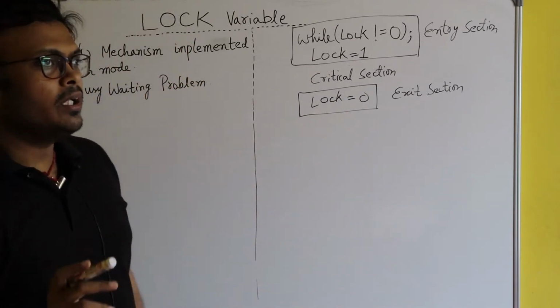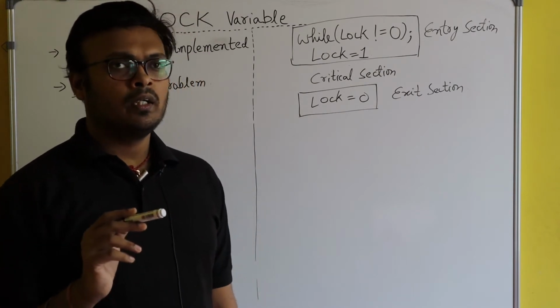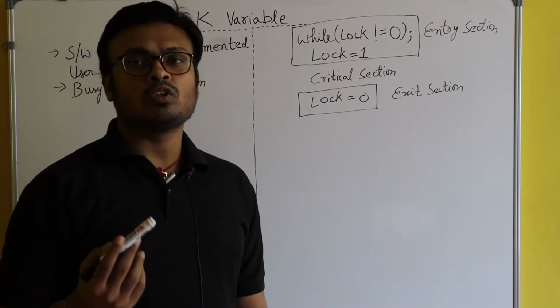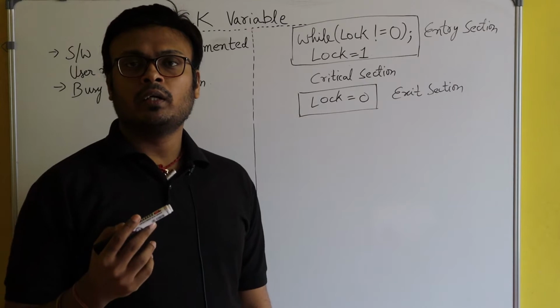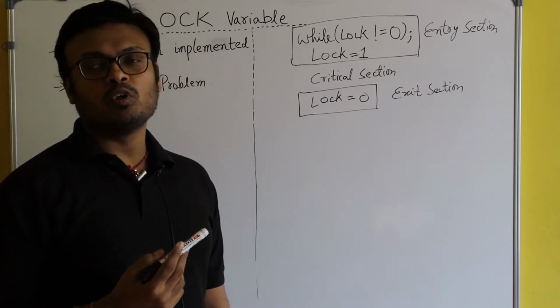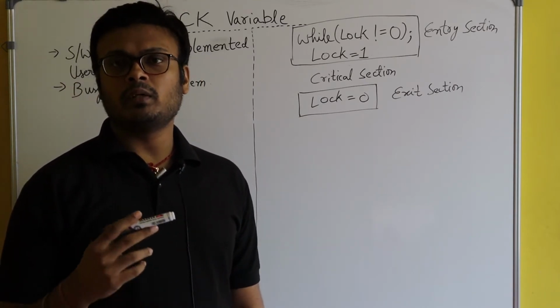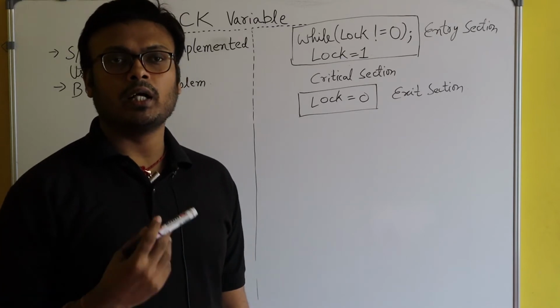But for the time being, just think of it as a software mechanism. It doesn't require support from the operating system. It simply runs in user mode, not in kernel mode.